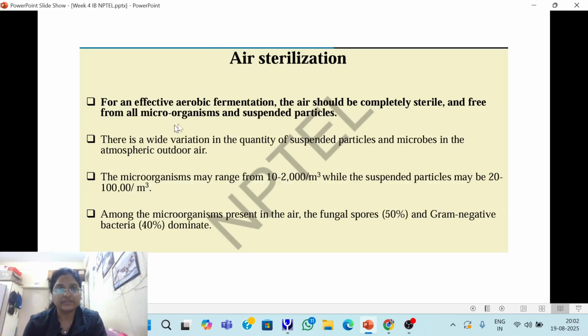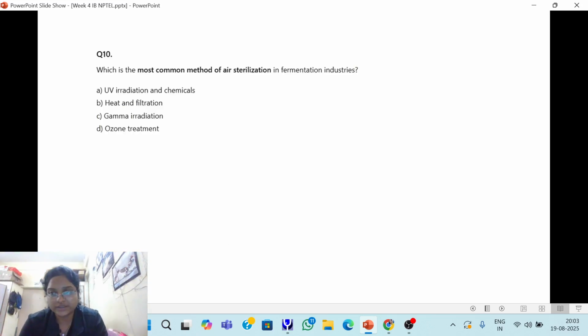For an effective aerobic fermentation, the air should be completely sterile and free from all microorganisms and suspended particles. Among the microorganisms present in the air, fungal spores (50%) and gram-negative bacteria (40%) dominate. Okay, moving on to the next question.